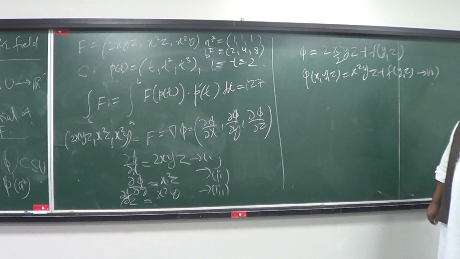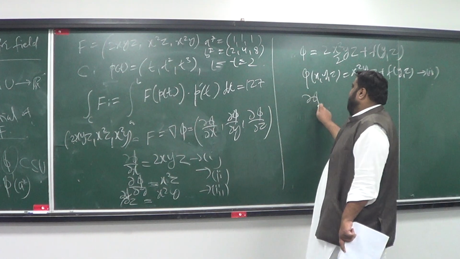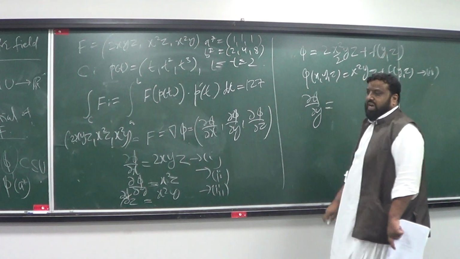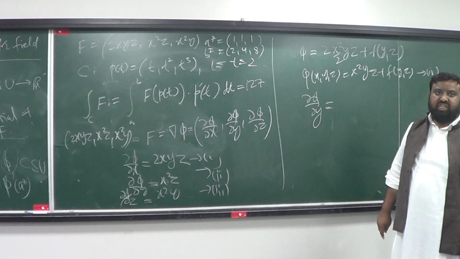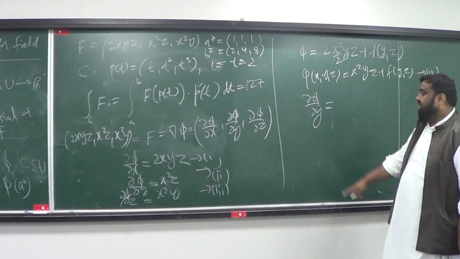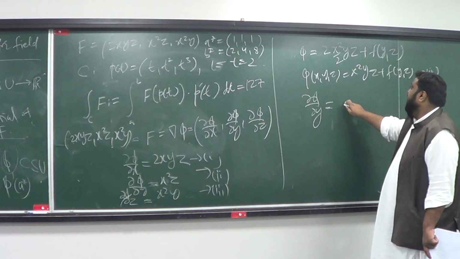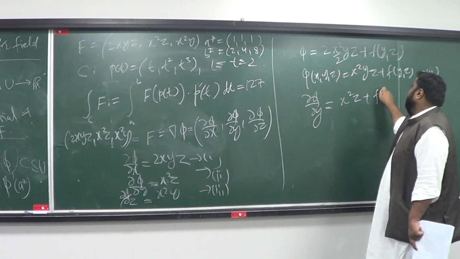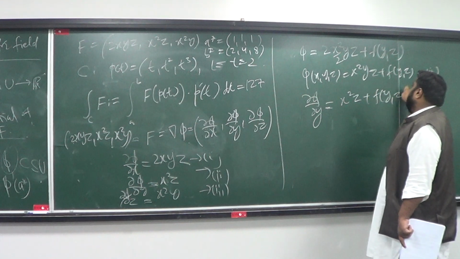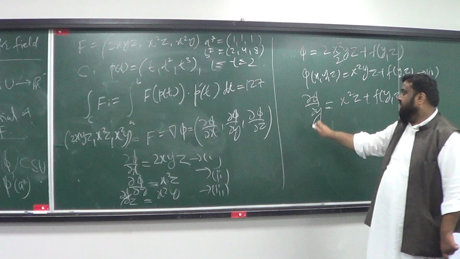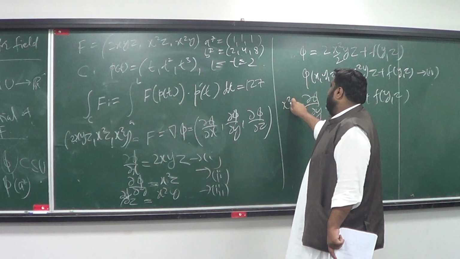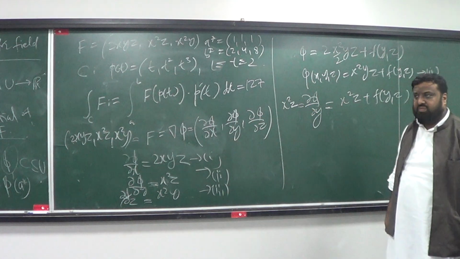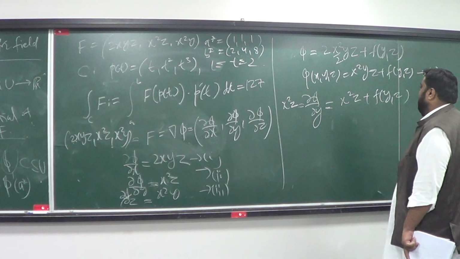Another thing you can do is differentiate phi with respect to y and equate it with the second equation. If I differentiate this with respect to y, you're going to get x²z plus the partial derivative of f of y, z. But from equation number 2, I know that this is x²z.